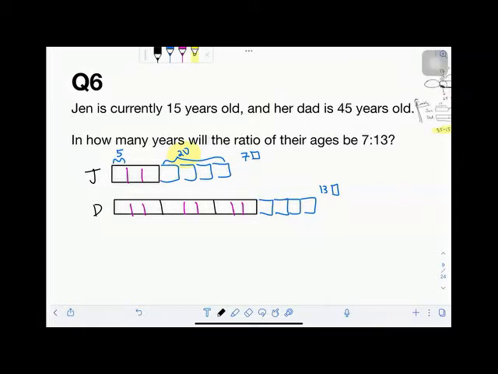What the students need to know kaagad is 15 and 45. Kasi kailangan maintindihan nila yon, yung 15 and 45. Hindi nila makukuha kaagad yon. I think students in grade 6 and high school may be able to get this, yung ginawa ni Sir Darius.